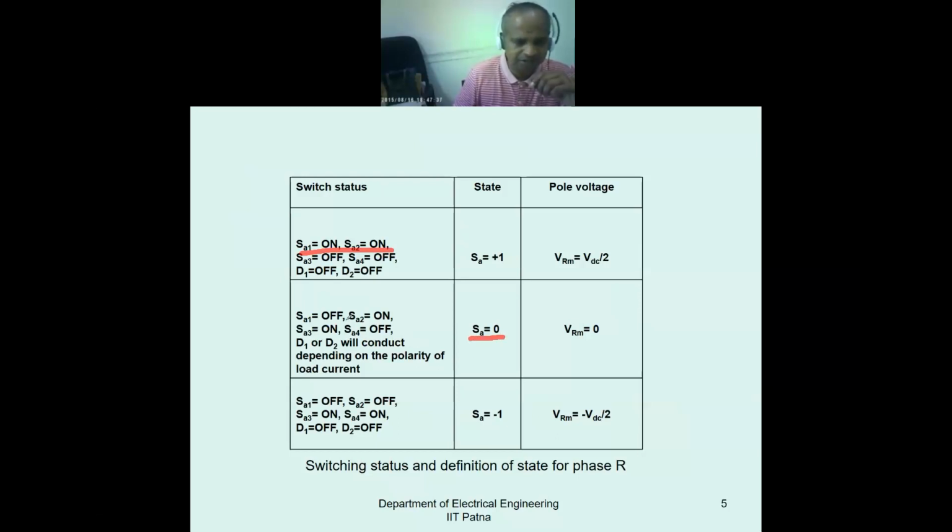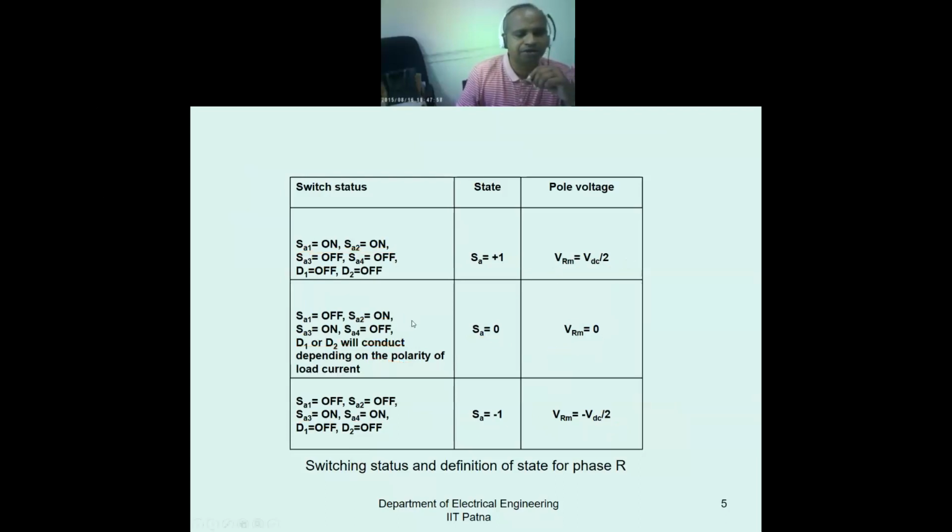The middle two switches SA3, SA4 are on, and D1 and D2 will conduct depending on the load current polarity, positive or negative. Similarly, the lower two switches are on for minus. So these are the three levels.